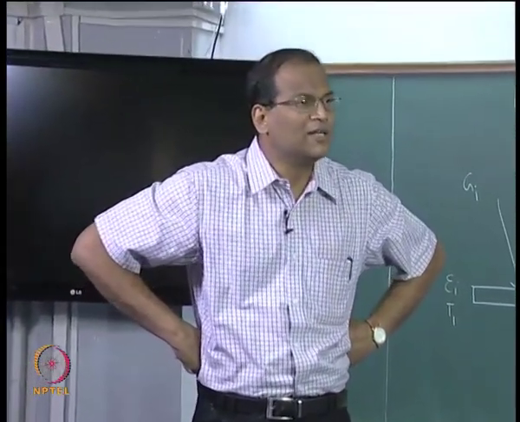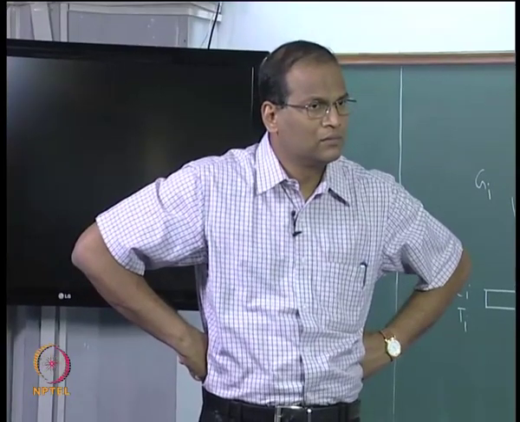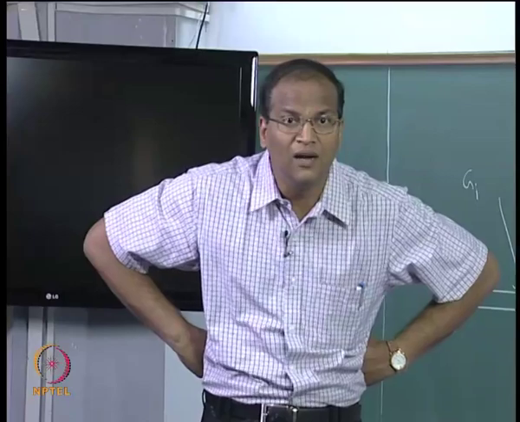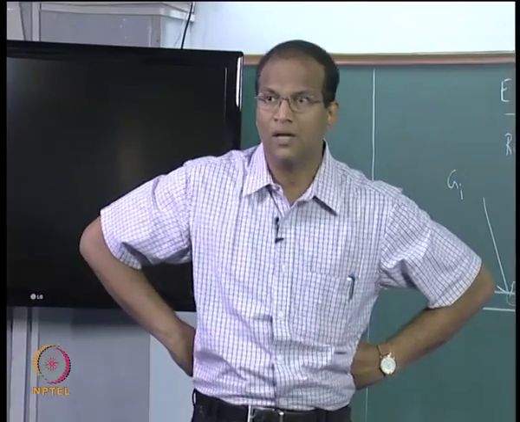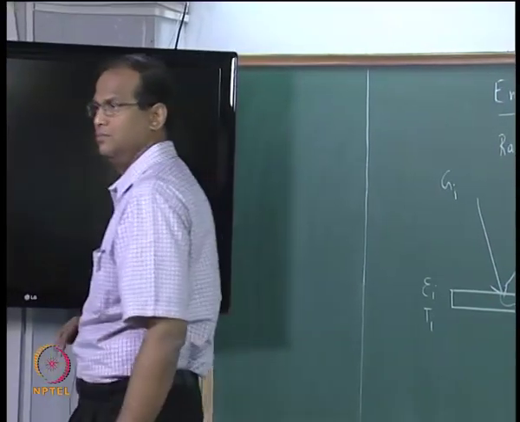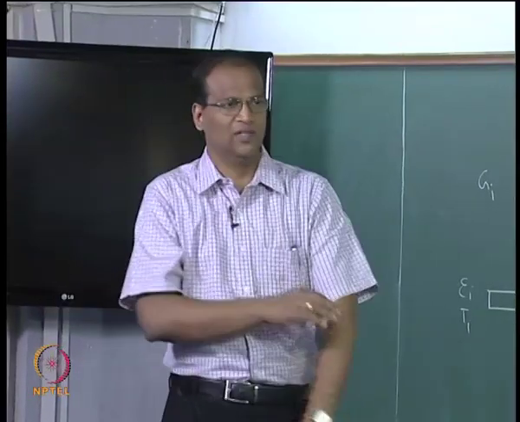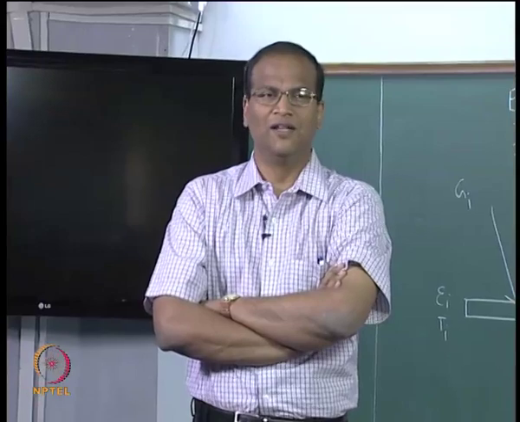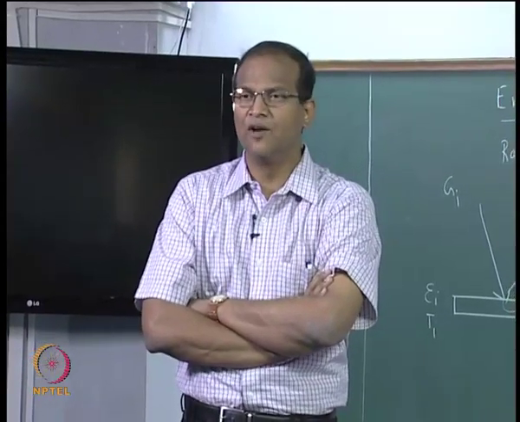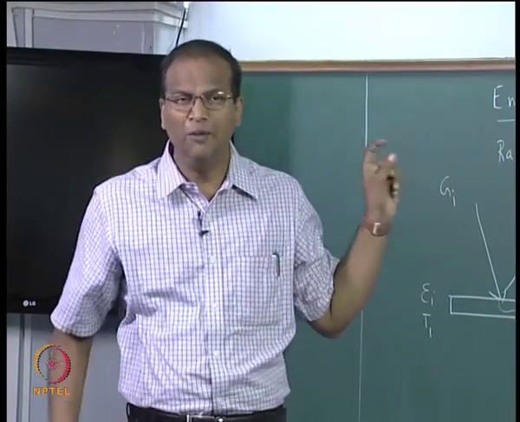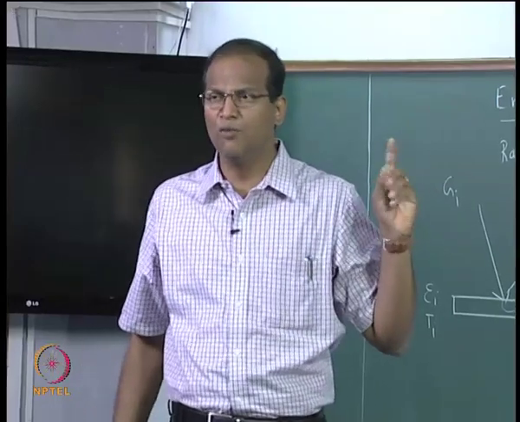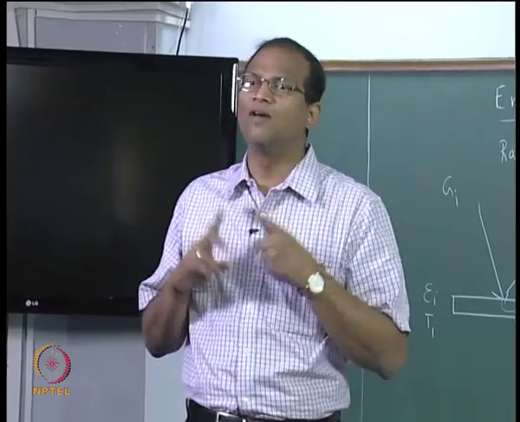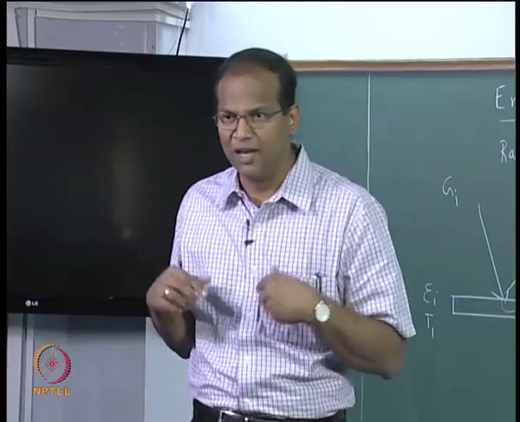It is a remarkable result because the radiosity of a re-radiating surface is independent of emissivity, a very significant result. The radiosity of a re-radiating surface is independent of the emissivity, and it will come to an equilibrium temperature of Ti depending upon whatever irradiation it receives from the neighboring surfaces.